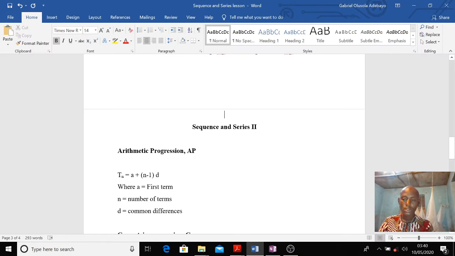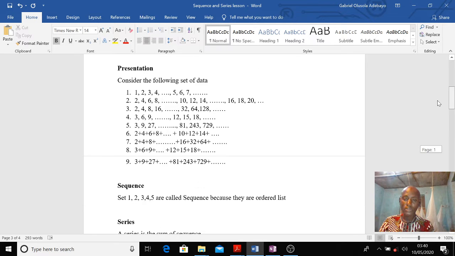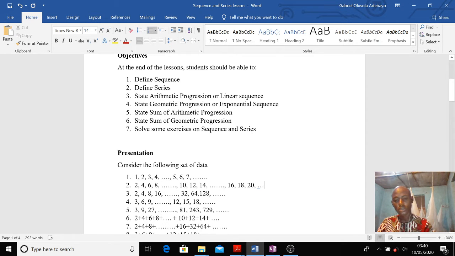So we can find the 50th term, and the 50th term will be 100.